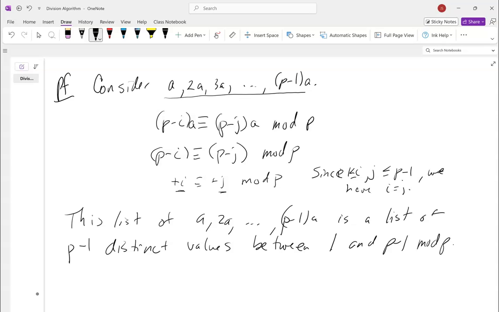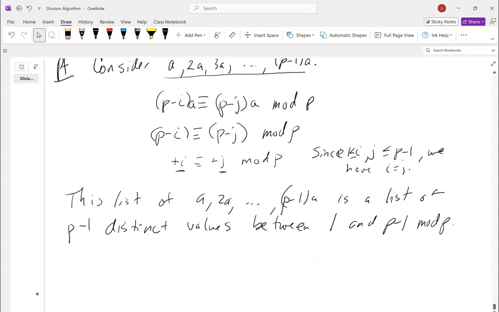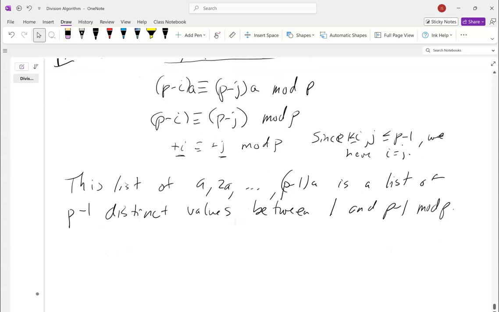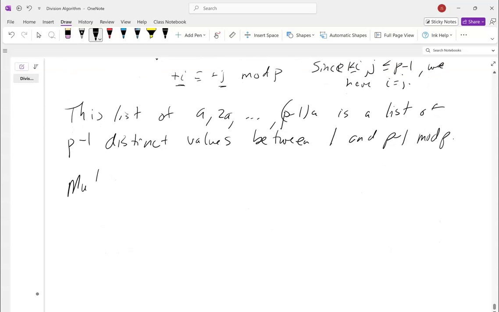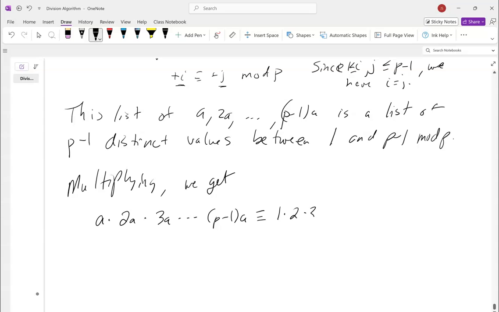So what this tells me is that if I multiply those things together, we get that A times 2A times 3A times P minus 1 times A is congruent to 1 times 2 times 3 times P minus 1 mod P.